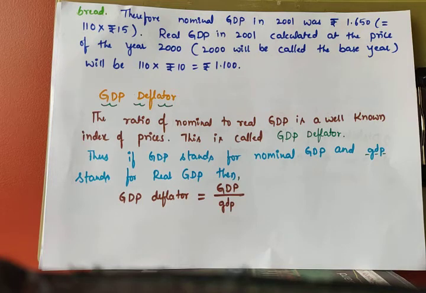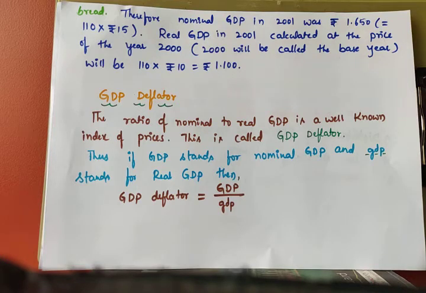So previous year, 2019, was called real GDP, and 2020 is called nominal GDP, because 2020 is the current market price. 2019 was real GDP, calculated at constant prices.